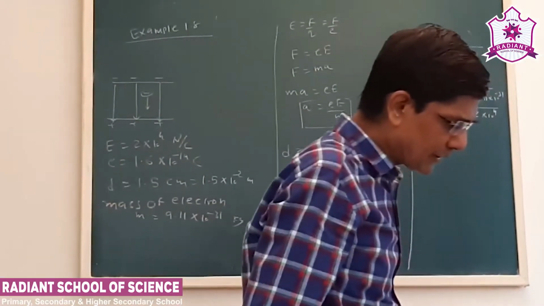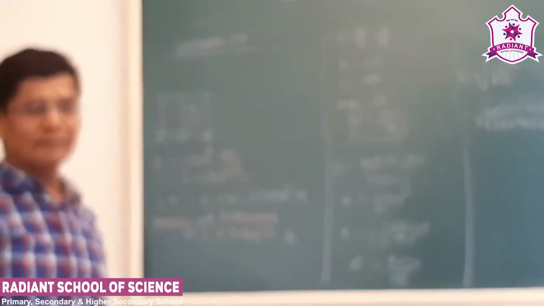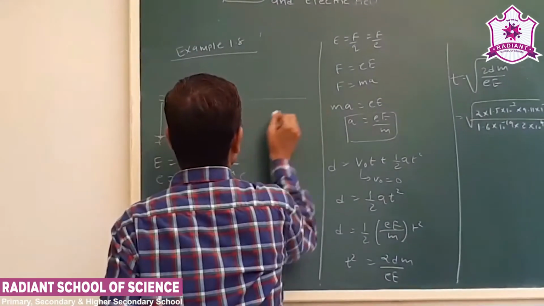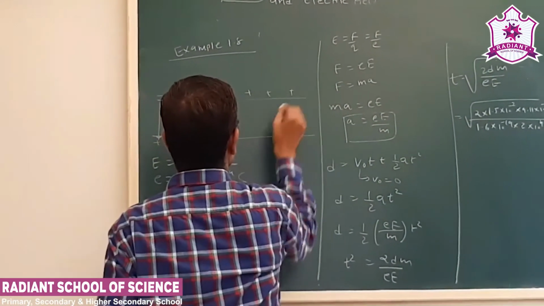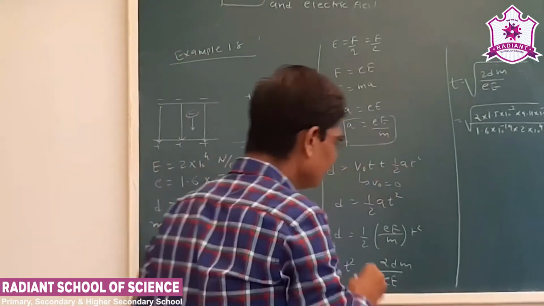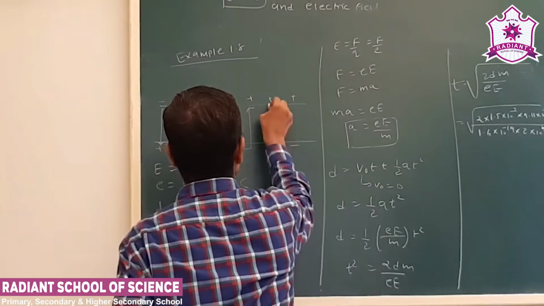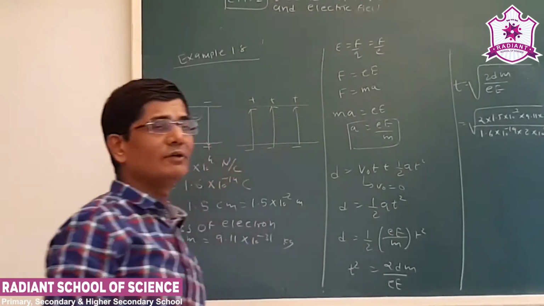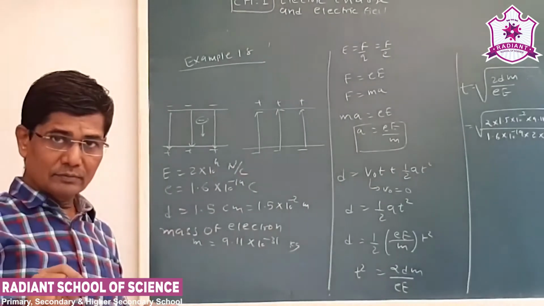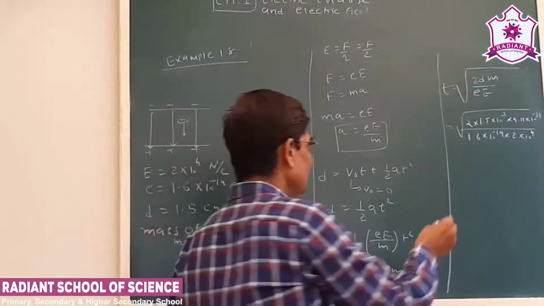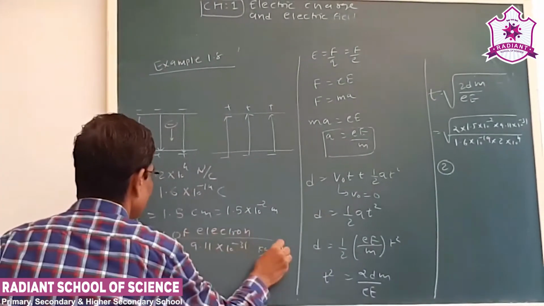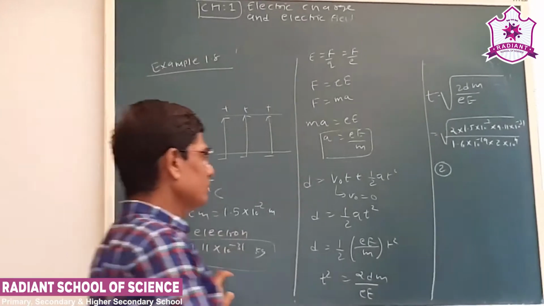Now the second part says that the direction of the field is reversed. We have to calculate the time required by a proton to cover the same distance. In the second part, all other things remain the same except the mass of the proton.